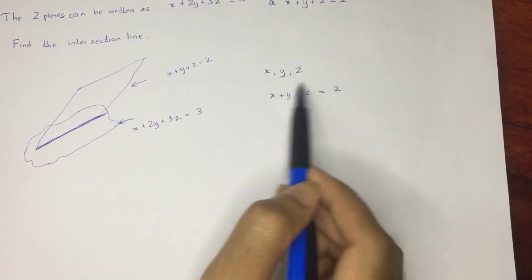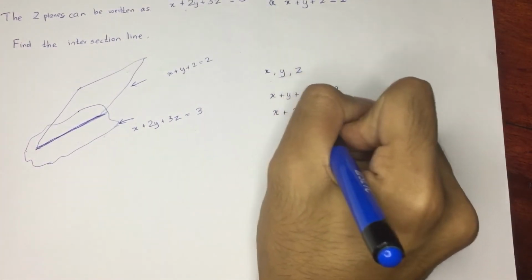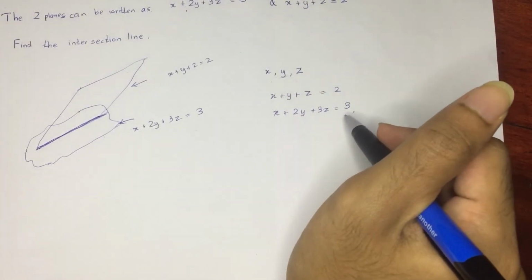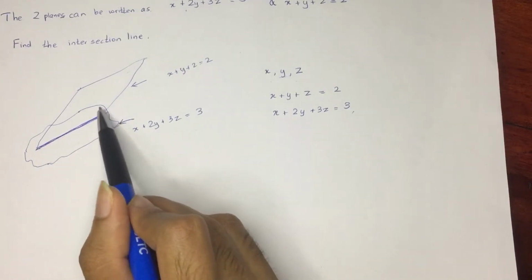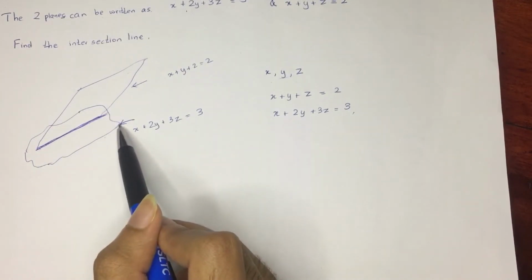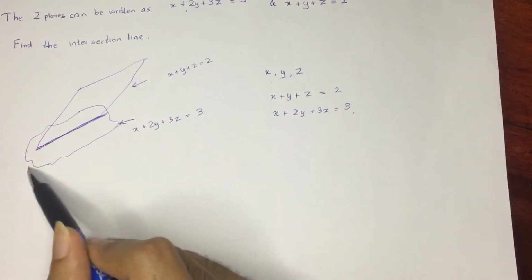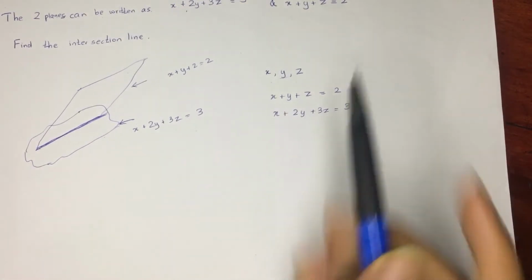Likewise, we can write another equation, x plus 2y plus 3z equals 3. How am I writing this? It's simple. As I already mentioned, this line lies on this plane too, so the points on this line satisfy this plane's equation too. So we can directly substitute and write these two equations.